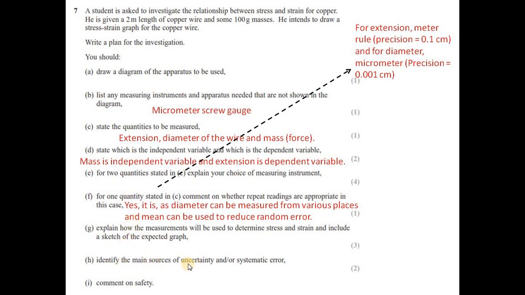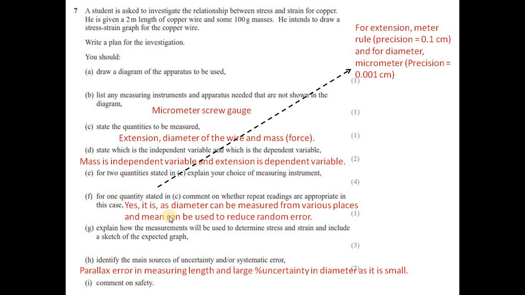Main sources of uncertainty, because we have extension measurement, which involves a parallax error in extension, and large uncertainty we can expect in the measurement of diameter, because diameter is a very small measurement. So parallax, and in the diameter we have a small uncertainty. Due to a small measurement we have a large percentage uncertainty in the diameter. So these are main sources of uncertainty.